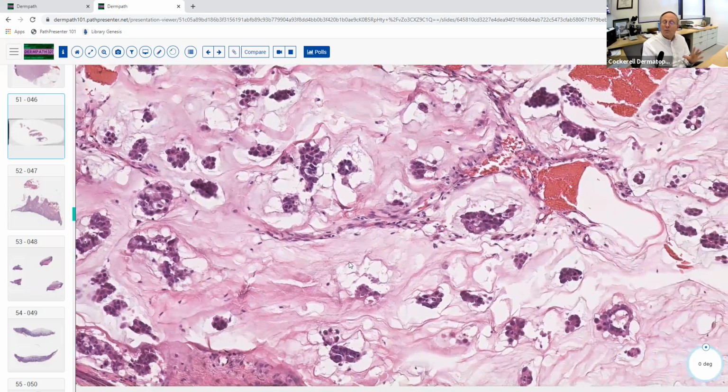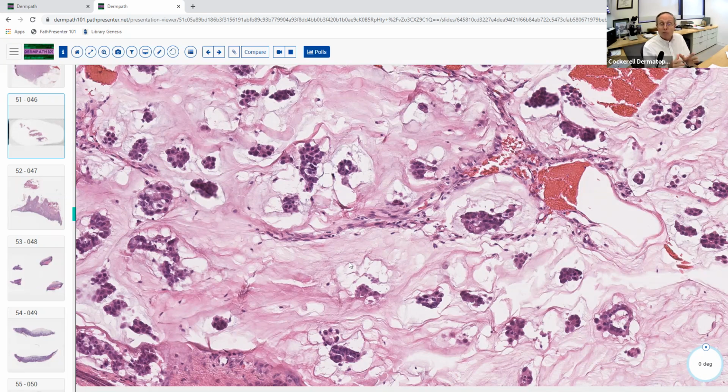Now, there's one variant of this lesion that's been recently described. I don't think we have an example of it in these 60 slides, but there's one that you need to know about. It's called mucin-producing endocrine sweat gland carcinoma, and I personally think that's a variant of this same entity. We call it endocrine because it stains positively for neuroendocrine markers, neuron-specific enolase, INSM1, just like the Merkel cell carcinoma we talked about, or synaptophysin.